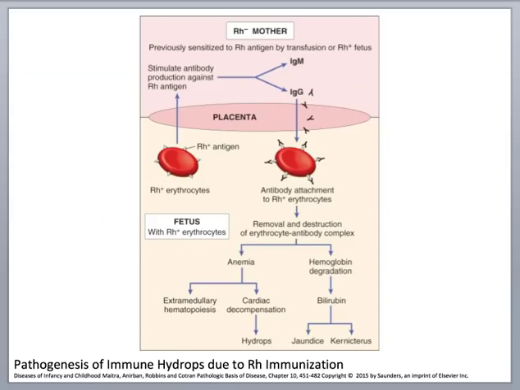Immune hydrops describes the process of maternal sensitization to a fetal red blood cell antigen, followed by transplacental passage of circulating maternal IgG antibody and fetal red blood cell hemolysis, causing severe fetal anemia.